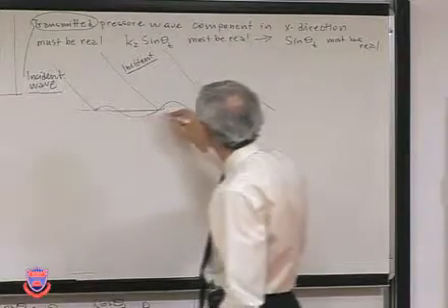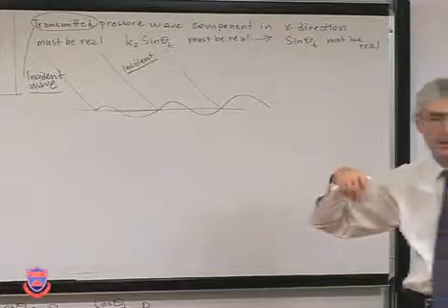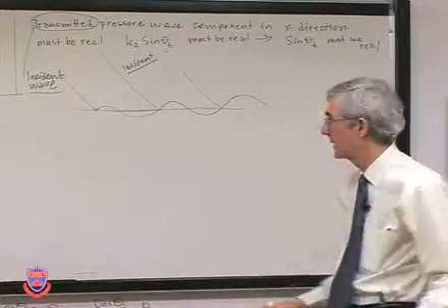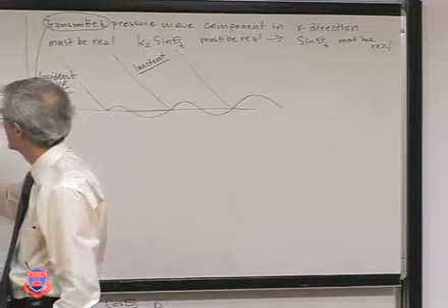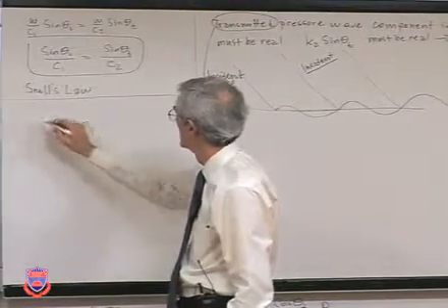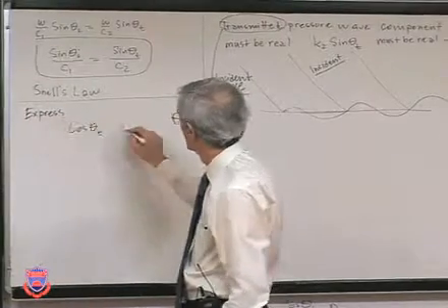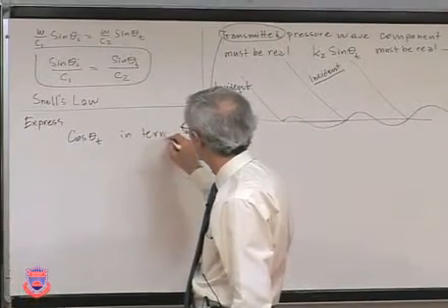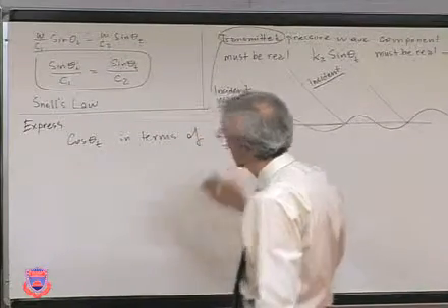The incident wave must have and does have a real pressure. That's the forcing function that we're providing. So what we want to do then is express cosine theta t in terms of theta incident.